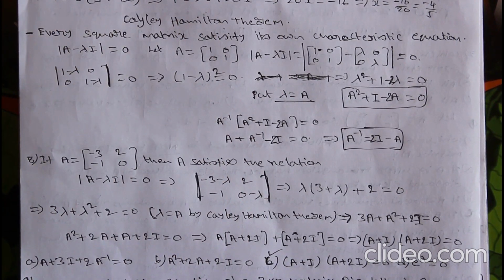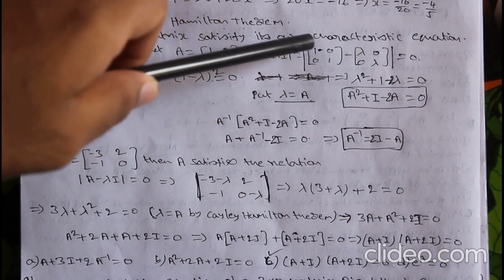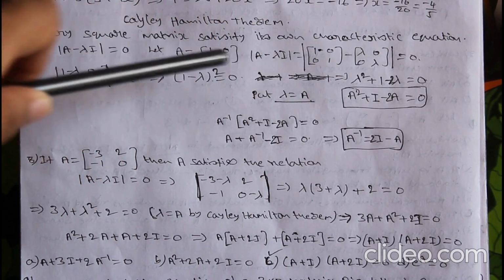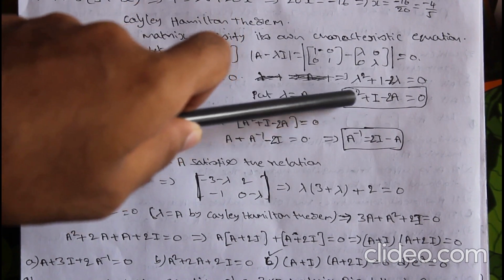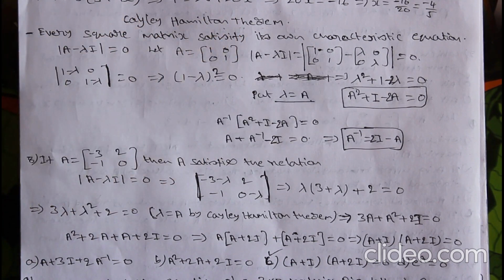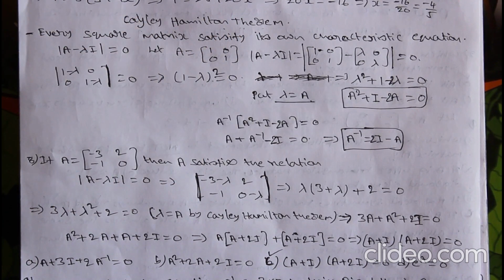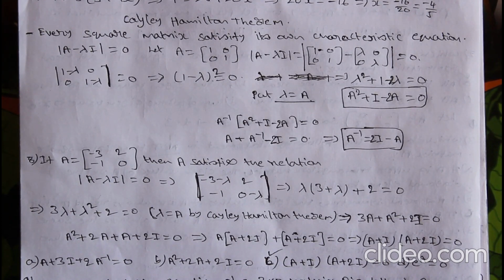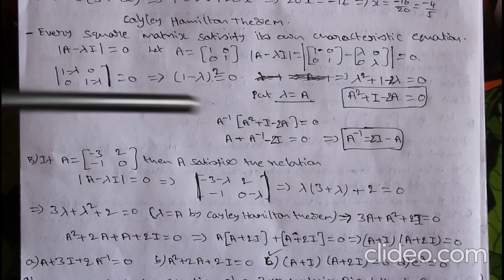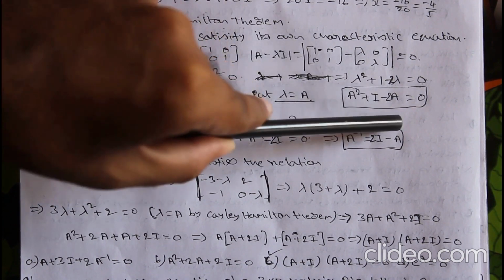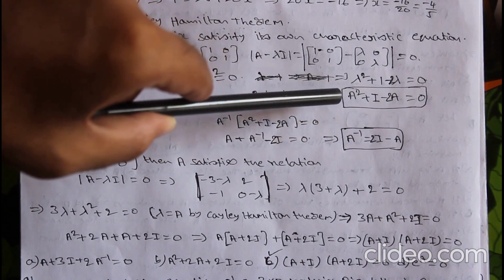Every square matrix satisfies its own characteristic equation. Now the application of the Cayley-Hamilton theorem is to find the inverse of the matrix. You can find matrix A inverse easily using the Cayley-Hamilton theorem. Let us see how. This is the characteristic equation you got. Now multiply A inverse on both sides.